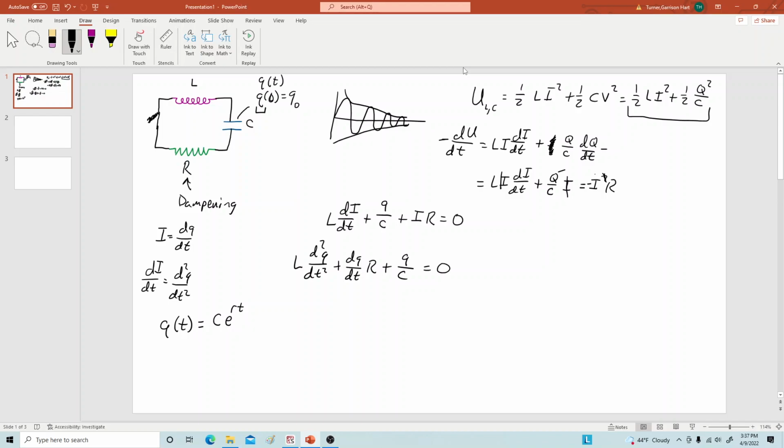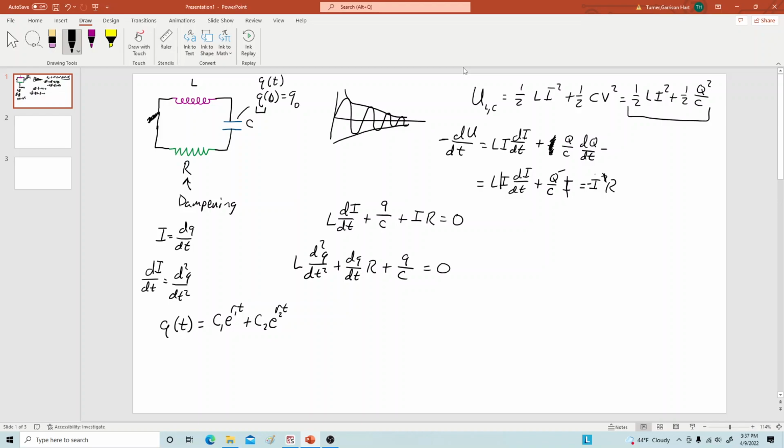If it turns out, and it turns out that it will because this is a second order differential equation, second order differential equations typically have two eigenvalues. So what this is actually going to be written down as is the first constant times e to the first eigenvalue times time plus c2 e to the r2 t.